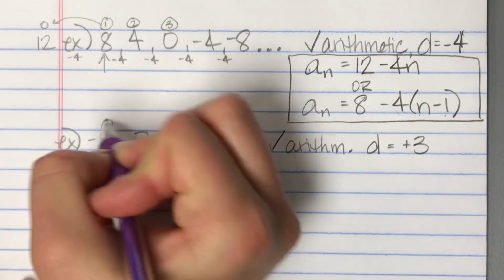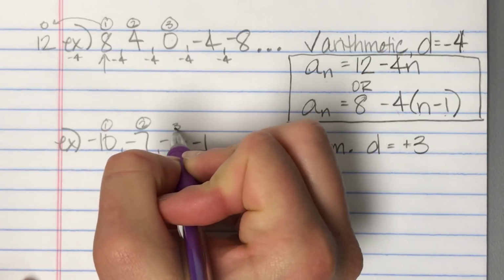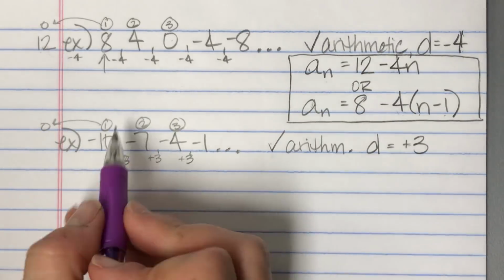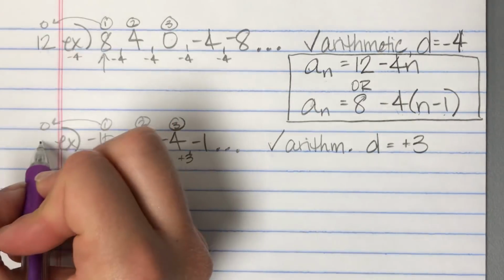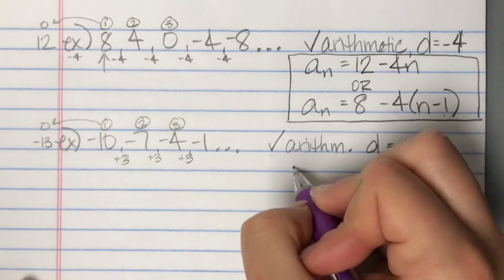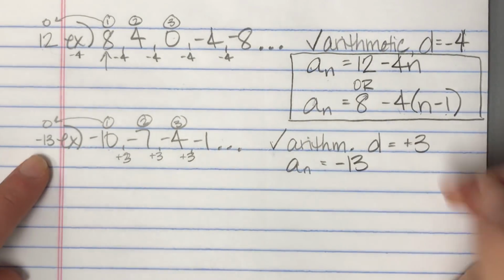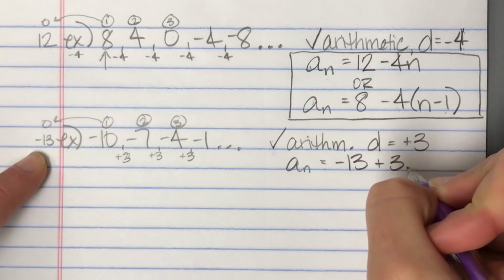All right, then for my formulas, I have two options. I can back up to the 0 value. Well, in order to make this work, I would have to start at negative 13. So I could say negative 13 plus the common difference times n.